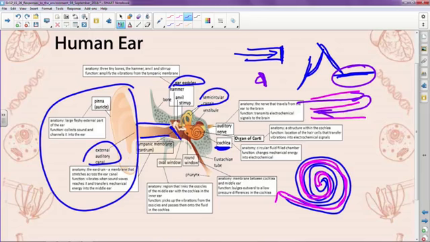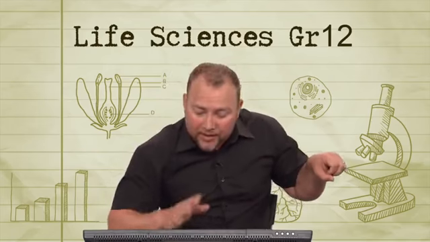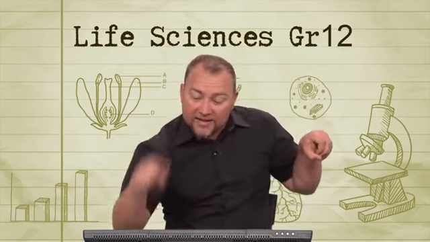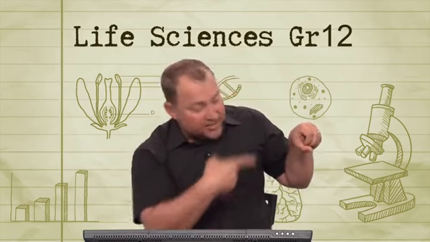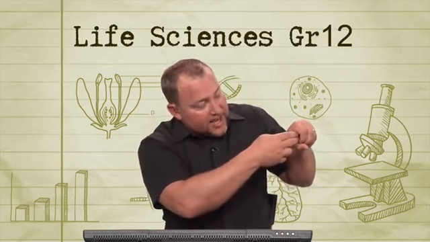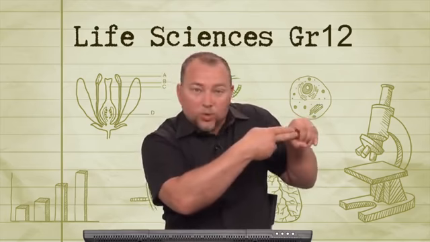Let's say that my arm now is the cochlea. There's a little oval hole, and the stapes fits in here. There's a little membrane there, and as it moves, it pushes into this hole all the time.